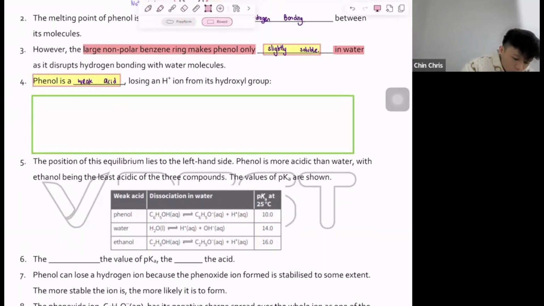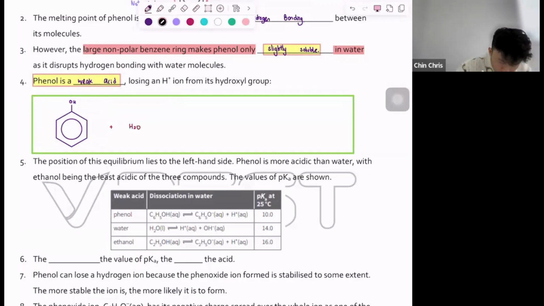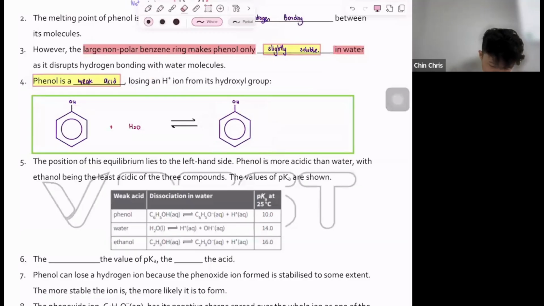So guys, if I take a phenol and add it into water, the phenol is going to dissociate partially, just partially, into O minus, which we call a phenoxide ion, and H3O plus.